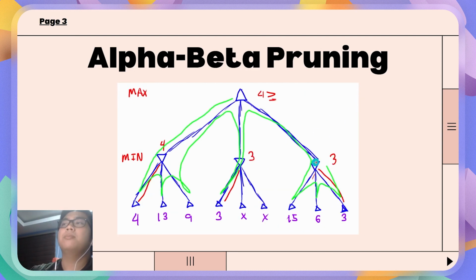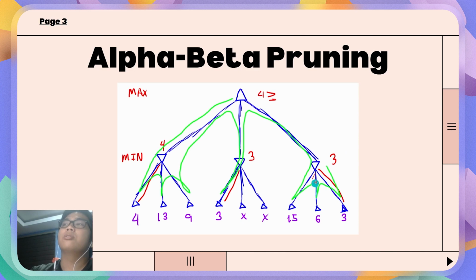Finally, for here, in the last node of the second layer, you can see here that player 2 will encounter a 15, and then a 6, and then a 3. So for each of the steps, player 1 is going to say, okay, I see a 15 here. Probably, there might be a 15 here, so I might choose that.